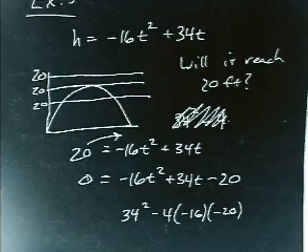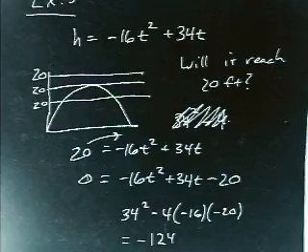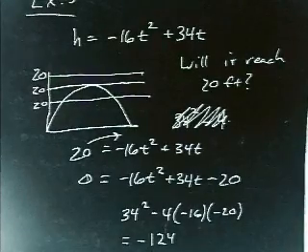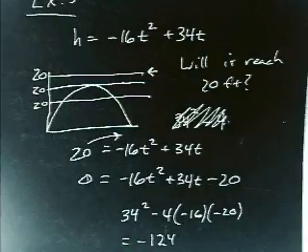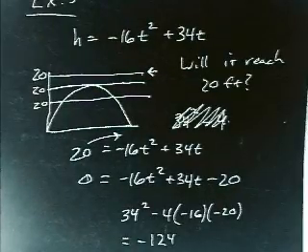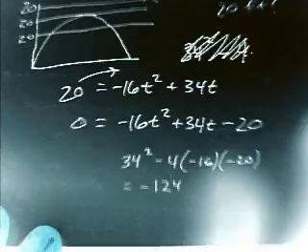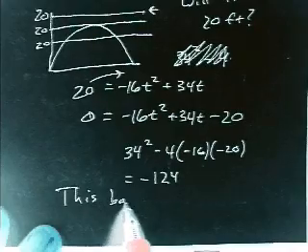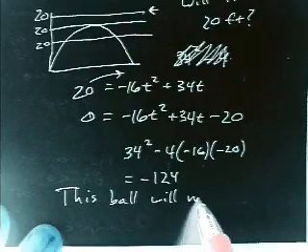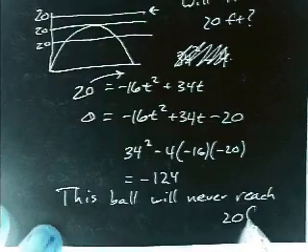That's all I need to figure out. And if I type it in on a calculator, I get negative 124. What does that mean? That's the situation that's this one right here, right? No real solutions. Two complex solutions. So in other words, this ball will never reach 20 feet.